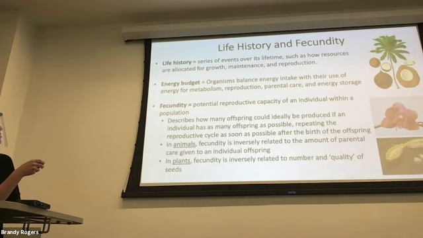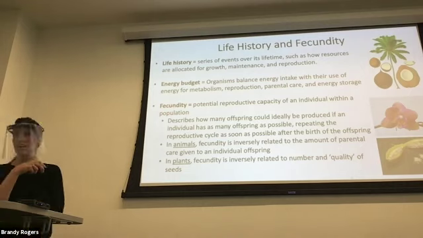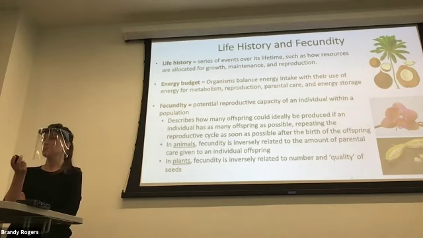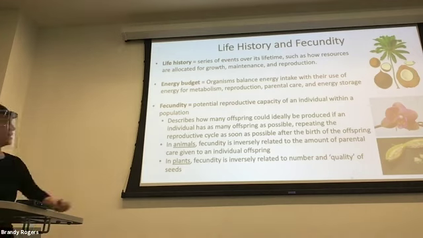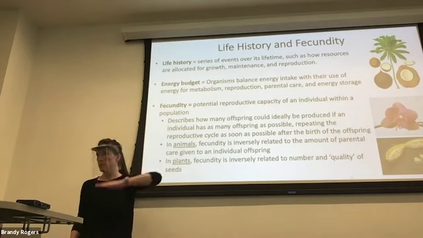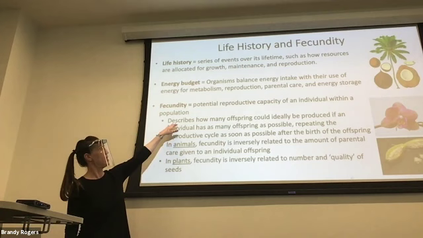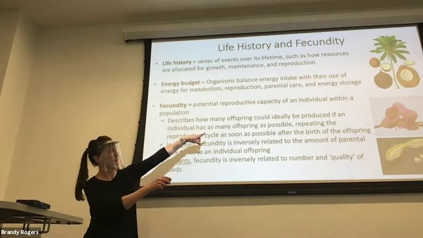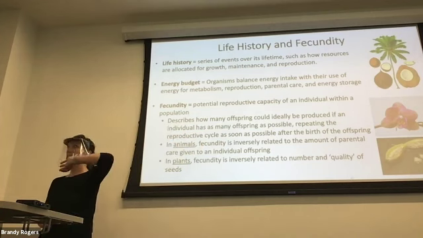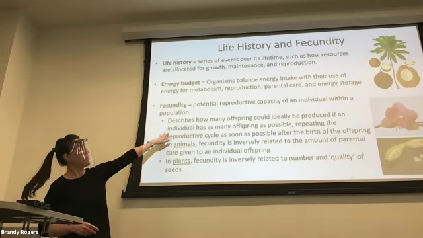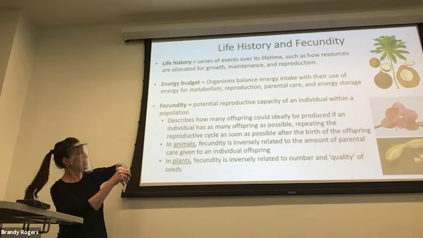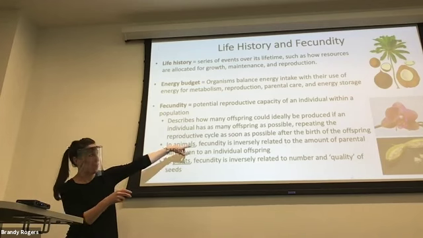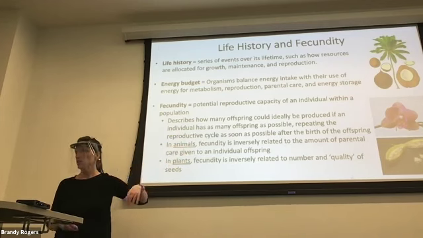And then, as I mentioned before, fecundity is the potential reproductive capacity of an individual. So how many offspring can you make as an individual through your entire lifespan? And maximum fecundity, when we measure fecundity, we're talking about how many offspring could you produce ideally, meaning perfect circumstances, if you had as many offspring as possible every time you reproduce, and you repeat your reproductive cycle as soon as possible after you have offspring.